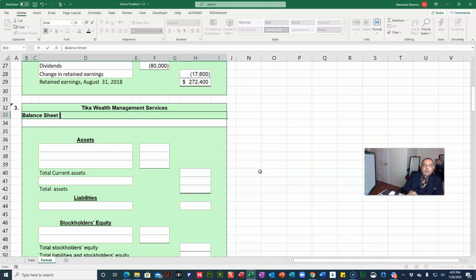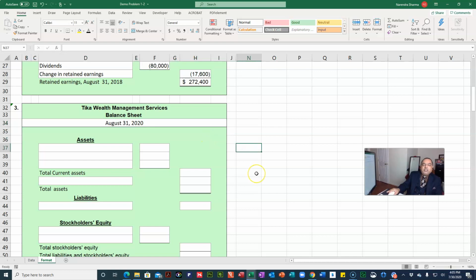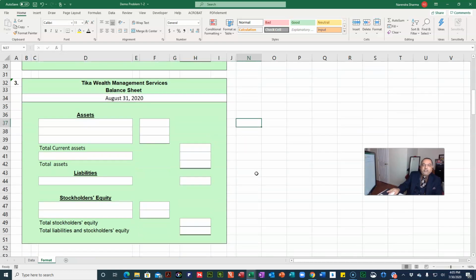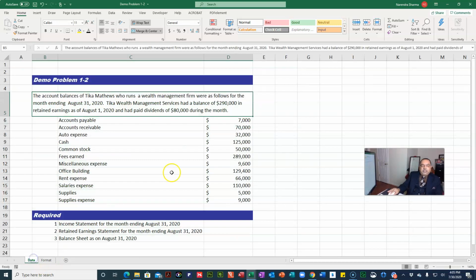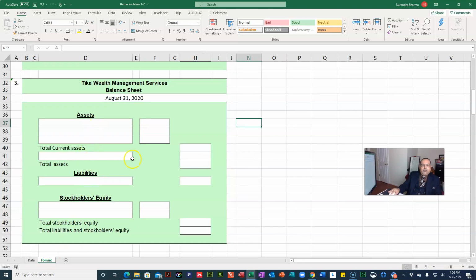And then remember, here in this balance sheet, it is going to be on a particular day. So I'm going to select August 31st, 2020. Now in the balance sheet, we'll have assets, liabilities, and stockholders' equity. Now in the assets, we try to classify them as current and long-term. So depending upon your data, we have a long-term asset, which is building. So that's why we have current assets and the long-term assets.